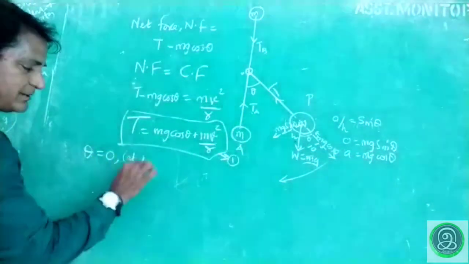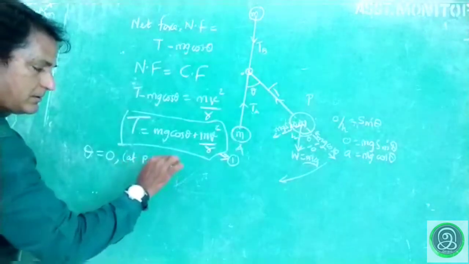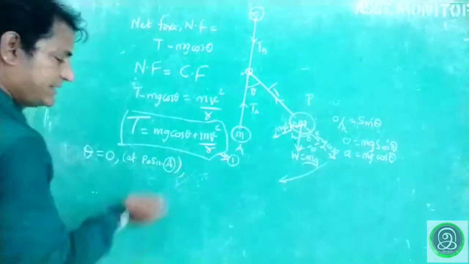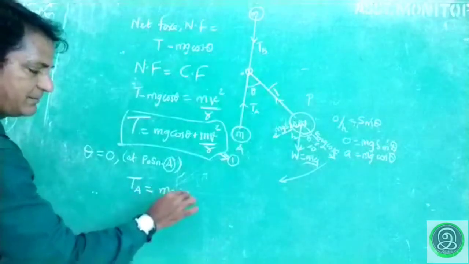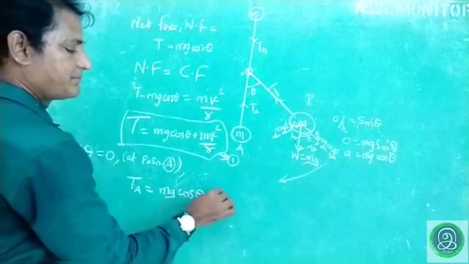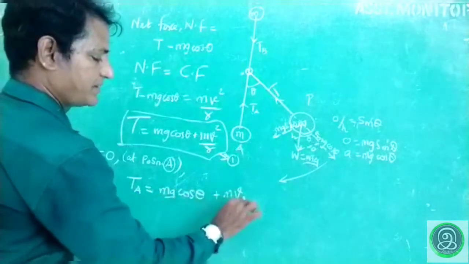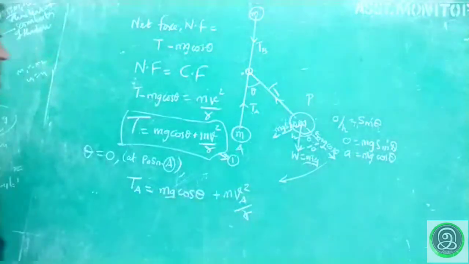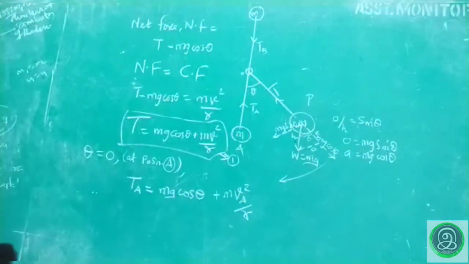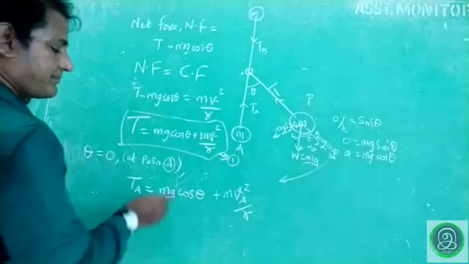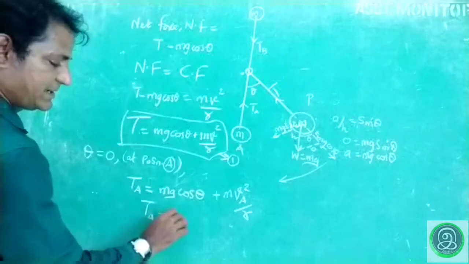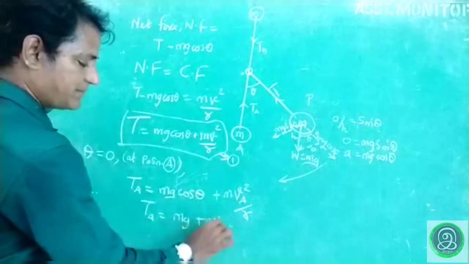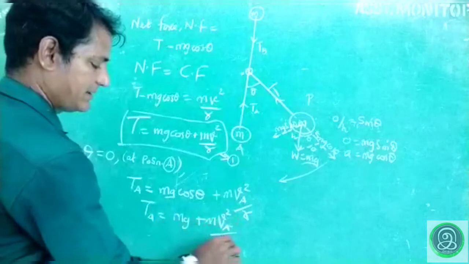So at the position A, the tension T suffix A becomes mg cos theta plus m into Va squared by R. Now, since theta is equal to 0, cos 0 is 1, so Ta is equal to mg plus mVa squared by R.